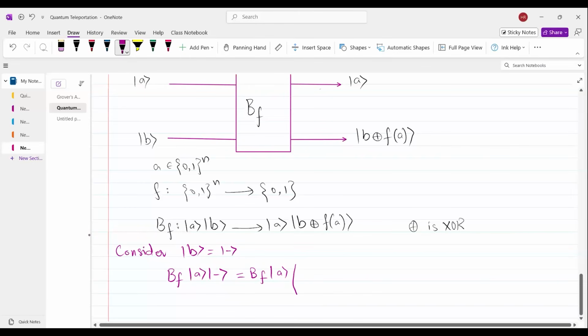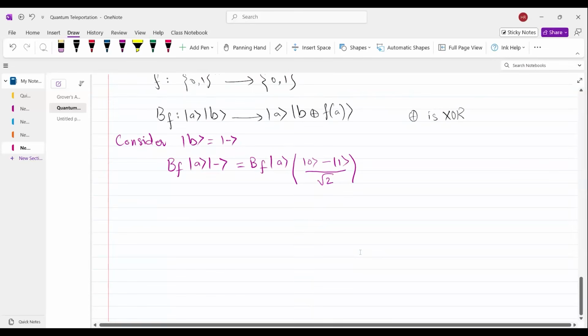Now we can write the minus state in terms of the computational basis, as (|0⟩ − |1⟩)/√2. By definition, the effect of U_f on A is that it remains the same, so we get the same state out.